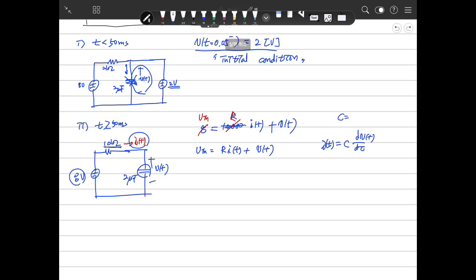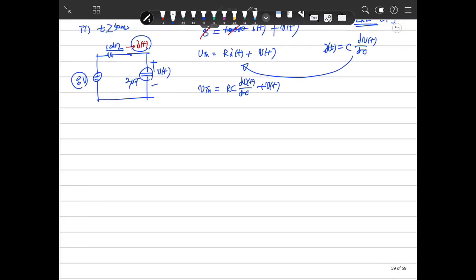C is 2 microfarad, so 2 times 10 to the minus 6 farad. So we insert the current here. So V in is RC dVt/dt plus Vt.